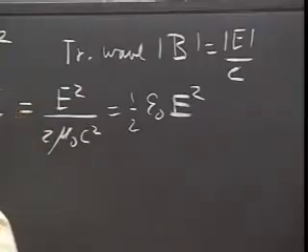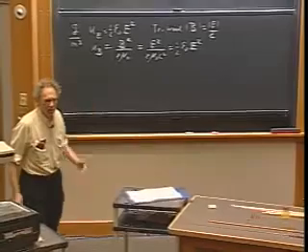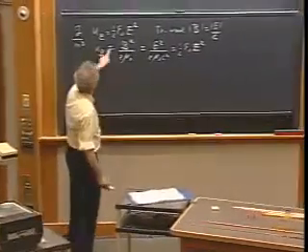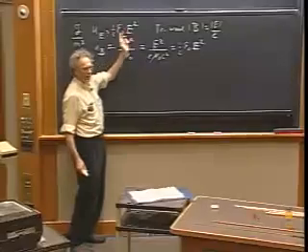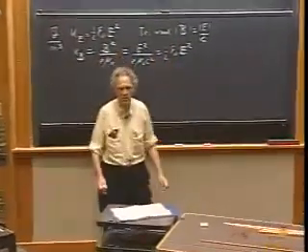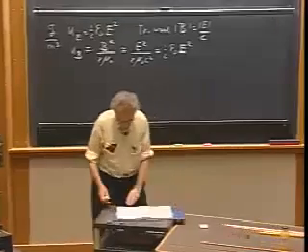And what you see now is so wonderful, so beautifully symmetric in electromagnetic waves. One is the same as the other. One cannot exist without the other. And look, the energy density in the electric field of a traveling wave is exactly the same as the energy density in the magnetic field.